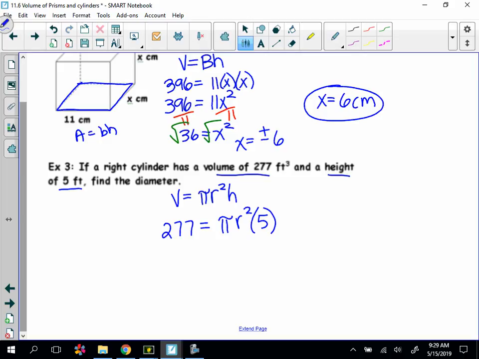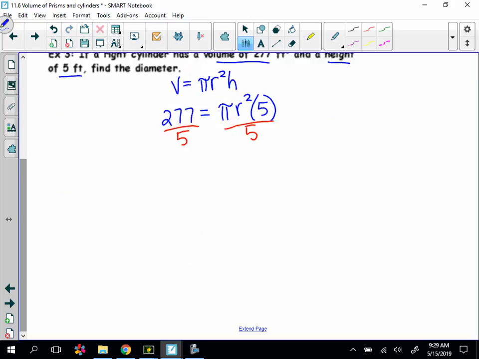Okay, so I need to solve for r. So you could do this in 1 or 2 steps. You could start by dividing by 5 if you wanted to separate this out. So if you do 277 divided by 5, we get 55.4. And so I still have pi r squared.